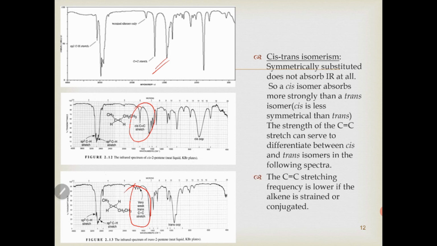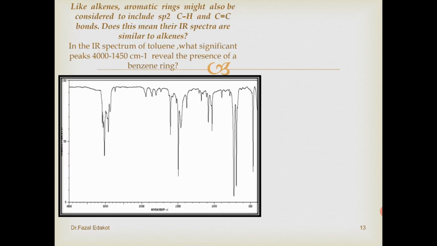The CC stretching frequency is lower if the alkene is strained or conjugated. This is another point: the CC stretching frequency is lower, meaning it shifts to the lower side, if there is angle strain or some strain like that, or if it is conjugated.